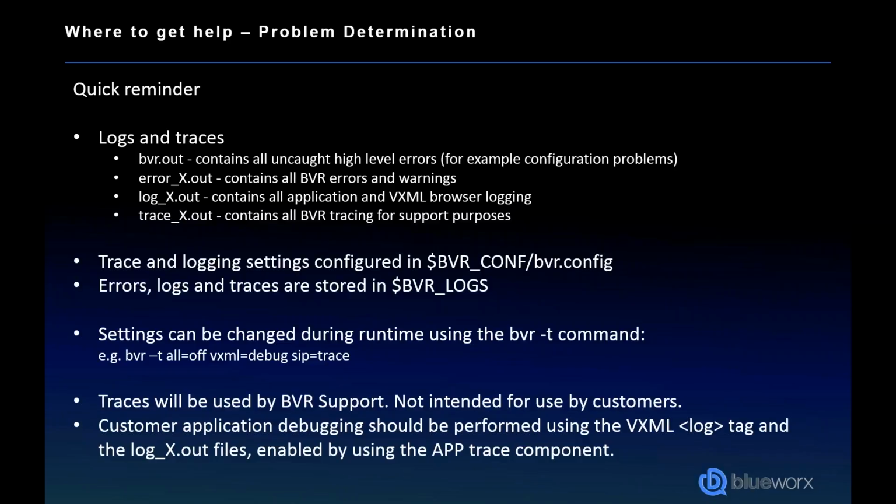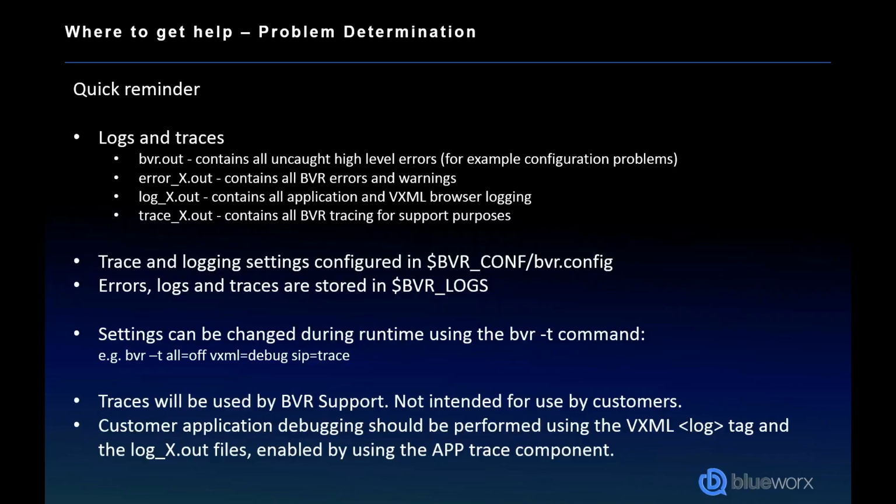One thing that is much improved on the Linux version as opposed to the AIX version is that we can change the tracing dynamically in real time. In the AIX world, a lot of you may know that sometimes we'd have to request you to stop BVR and restart it to enable the tracing.